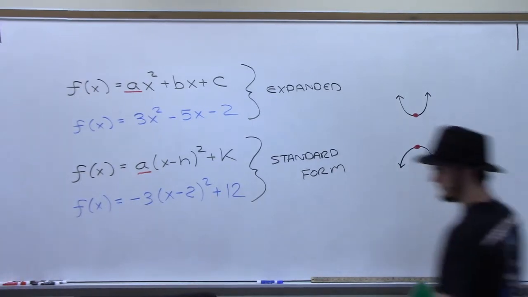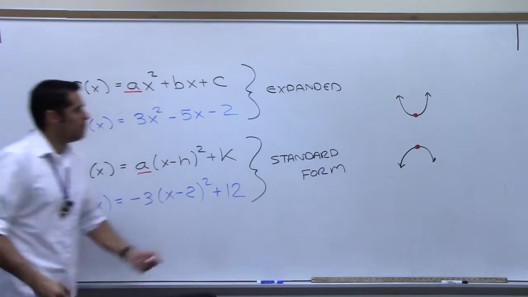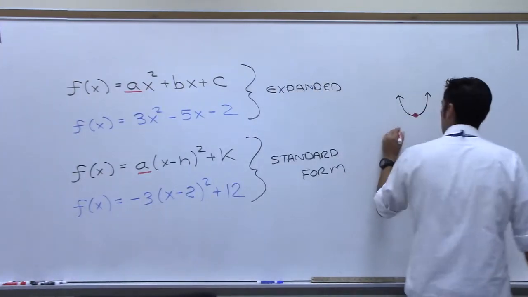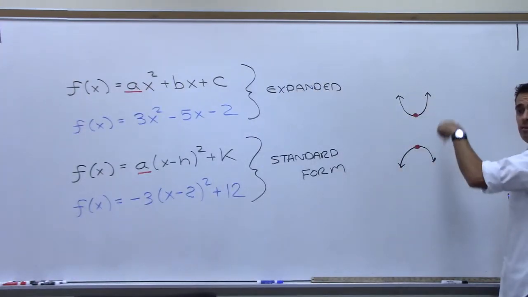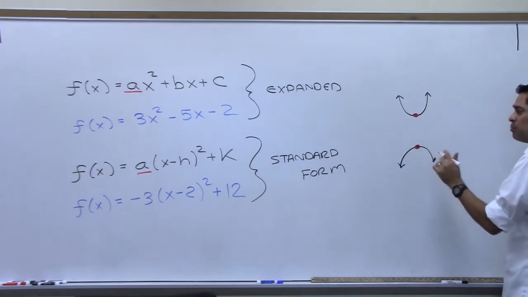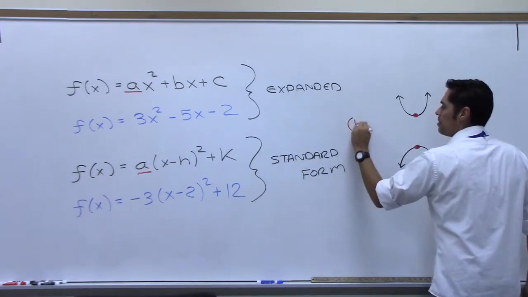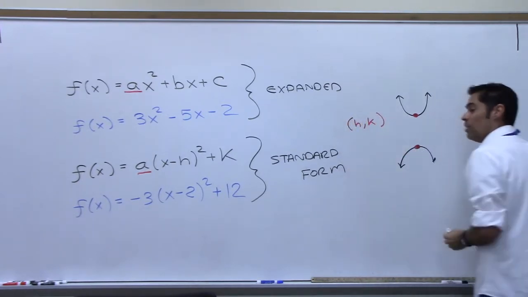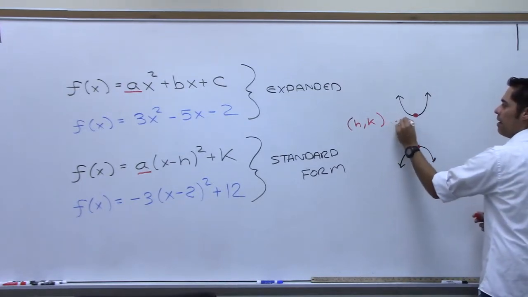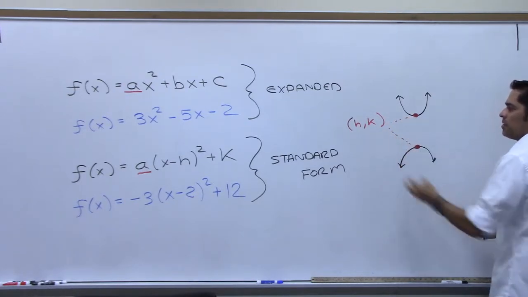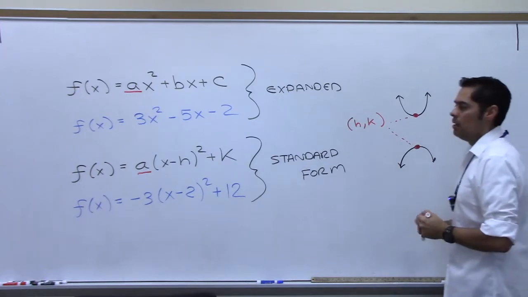That point has an x and a y coordinate, right? But it's such a special x and y coordinate that we give it special letters. We call it the point (h, k). Instead of (x, y), (h, k).